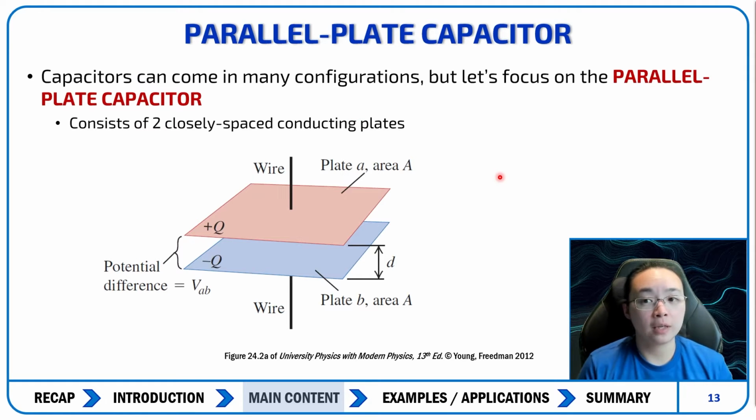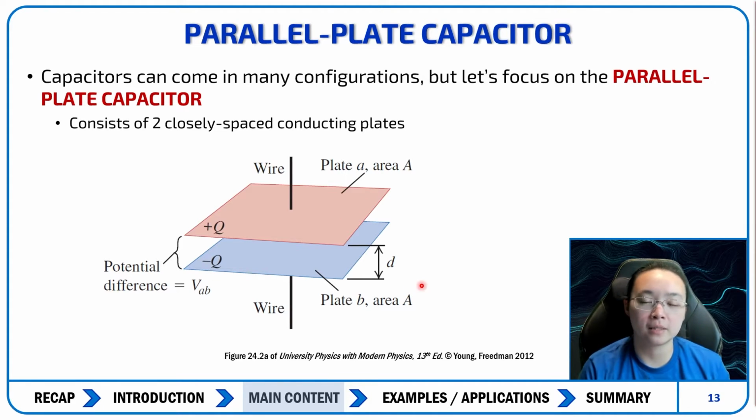I'm now going to take a look at a parallel plate capacitor, and that's the easiest example to give because capacitors can come in many different configurations. A parallel plate capacitor consists of two closely spaced conducting plates. You have a top plate and a bottom plate. In this case, it's got a positive charge on the top plate and a negative charge on the bottom plate.